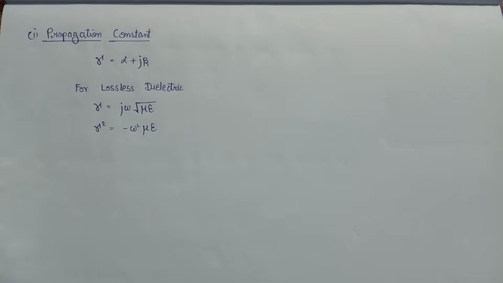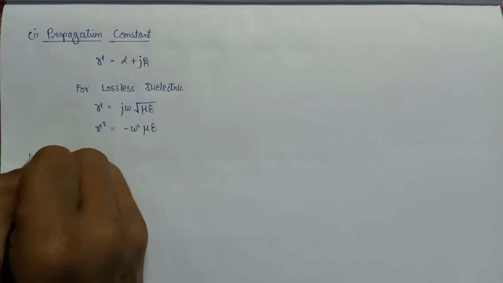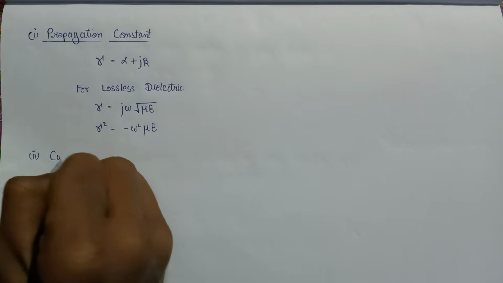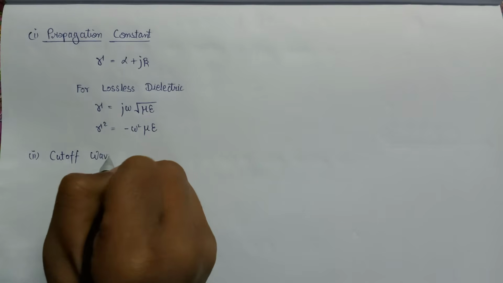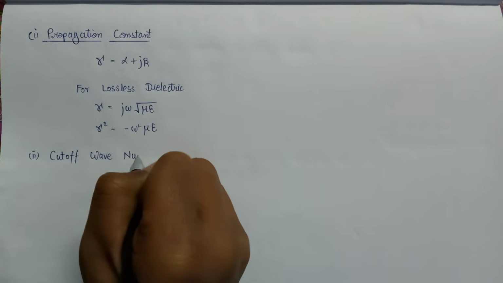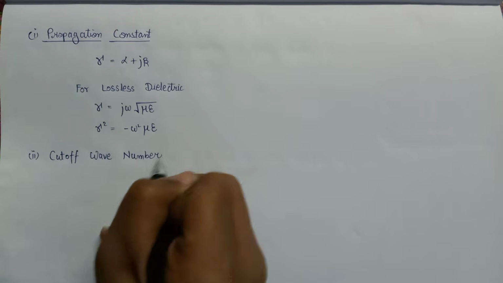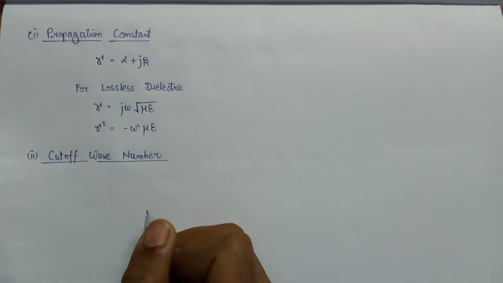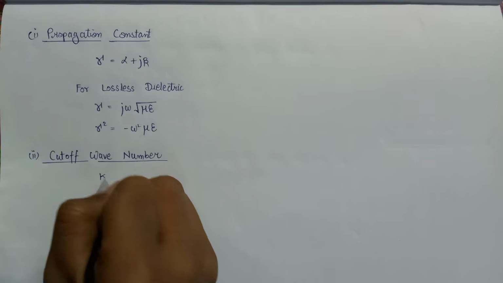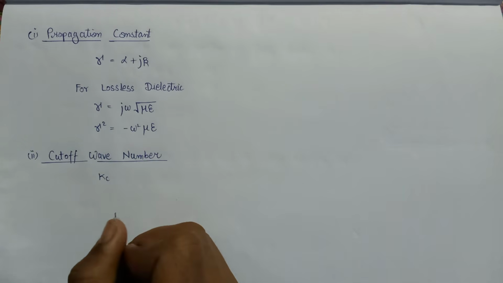Now let us discuss the second parameter, that is the cutoff wave number. The cutoff wave number is always represented by the symbol Kc.